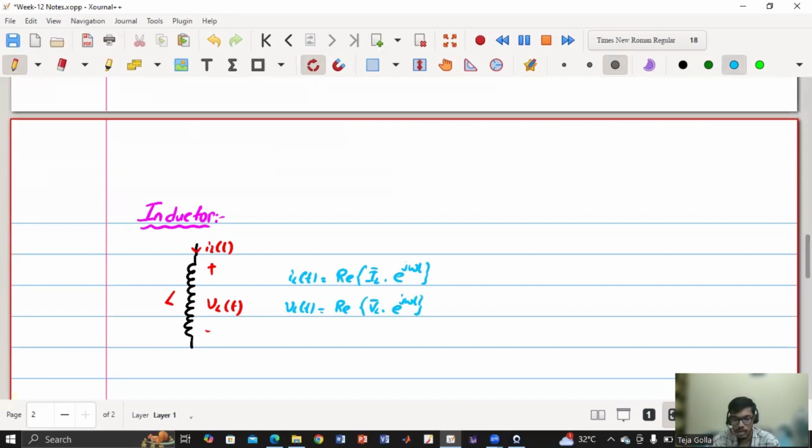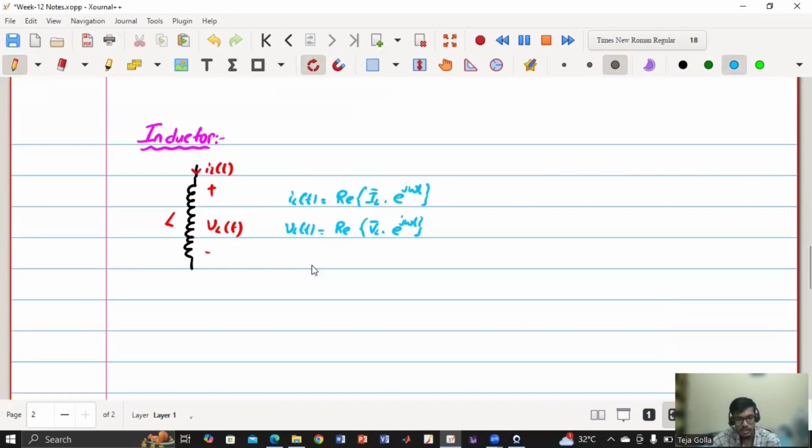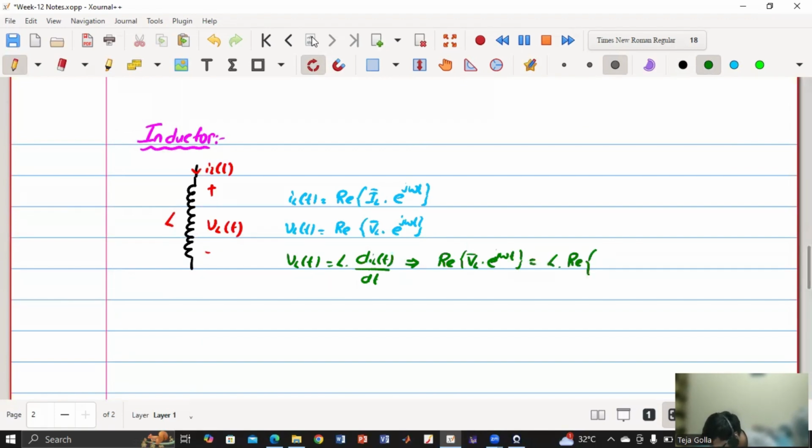What is the inductor current-voltage relationship? VL is equal to L into dIL by dt. Yes. So VL of t is equal to L into dIL of t by dt. Let us substitute everything. Then we have the real part of VL bar into e to the power j omega t equal to L into the real part of IL bar into e to the power j omega t into j omega.